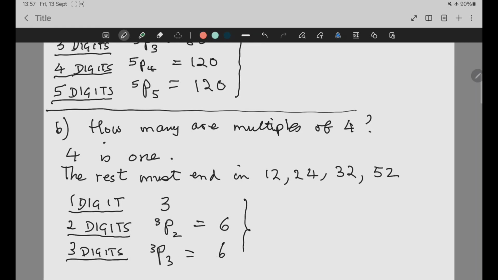And they add up to 15. Okay, 15 altogether.